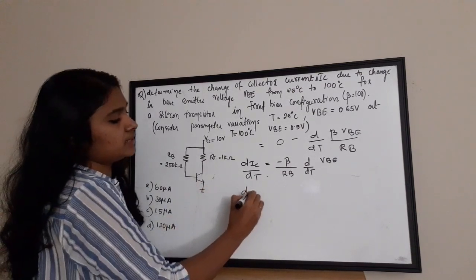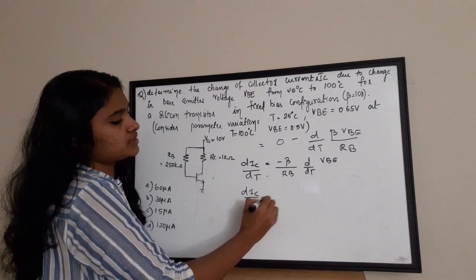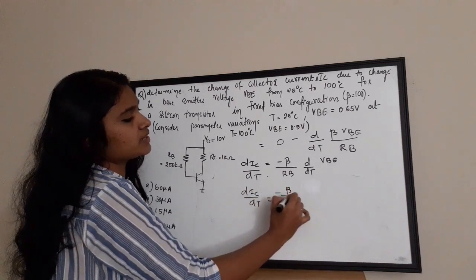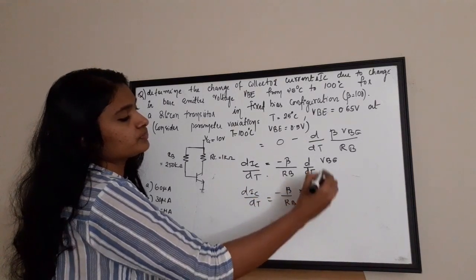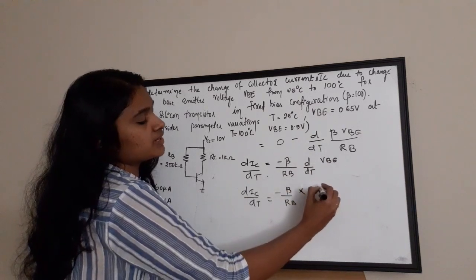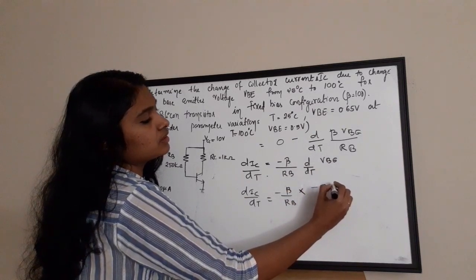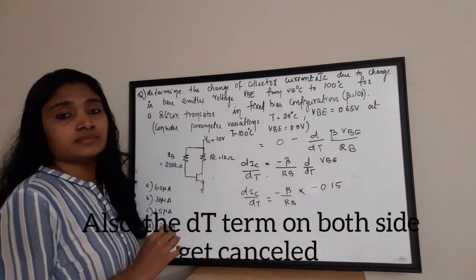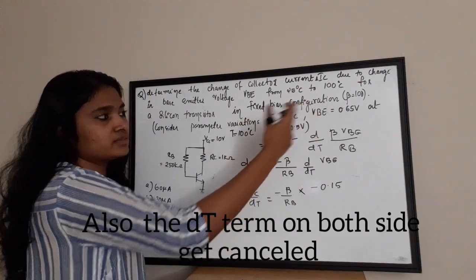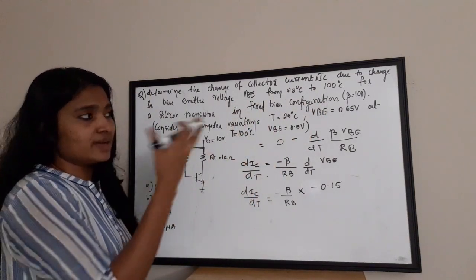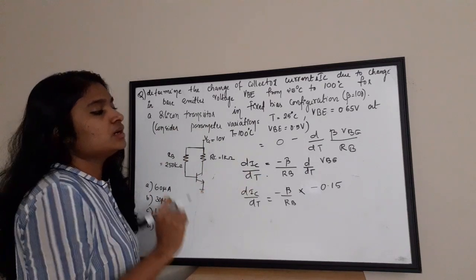That is dIC by dt is equal to minus beta by RB into, the value of change is minus 0.15, right? If you subtract this VBE change or the values, we will get this value.